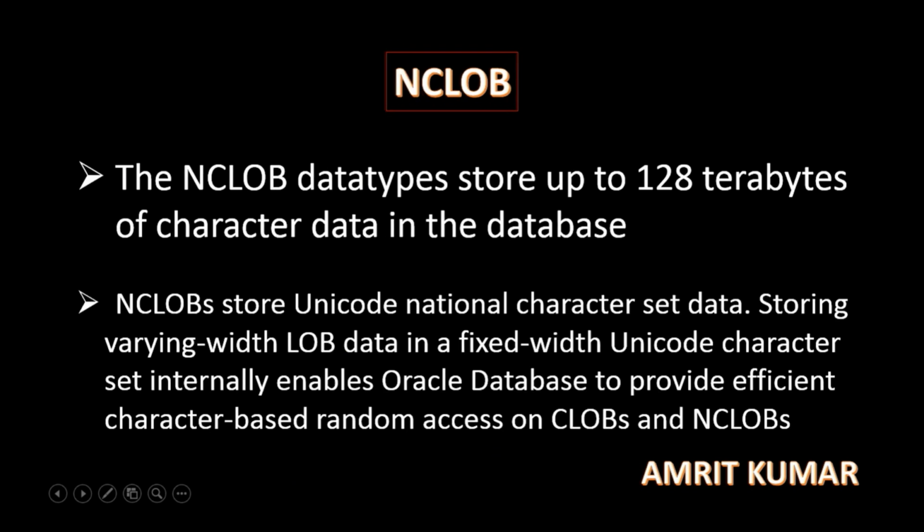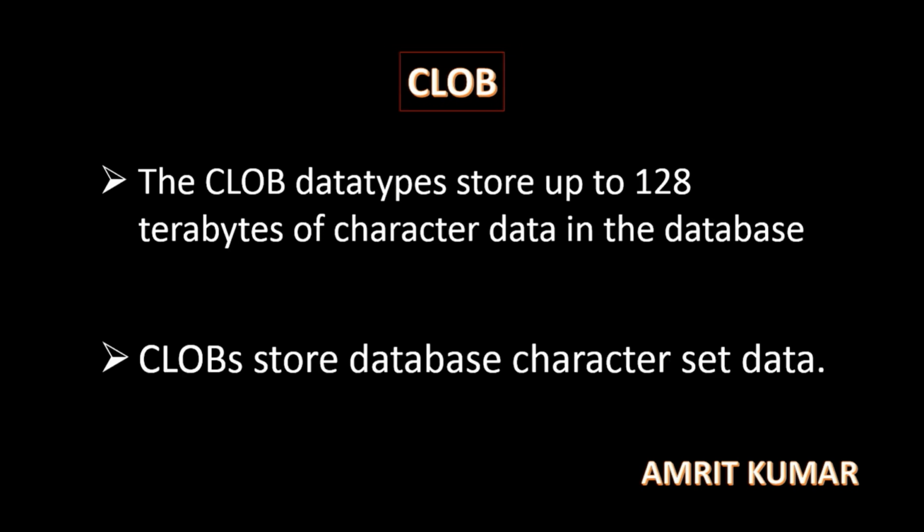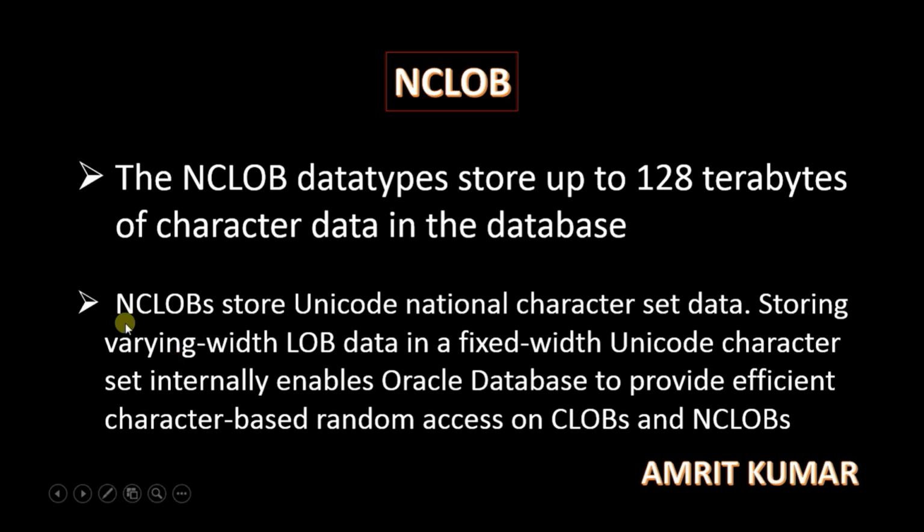Next, moving on to the data type NCLOB. The NCLOB data type stores up to 128 terabytes of character data in the database. It is the same as CLOB in storage capacity, 128 terabytes of character data.